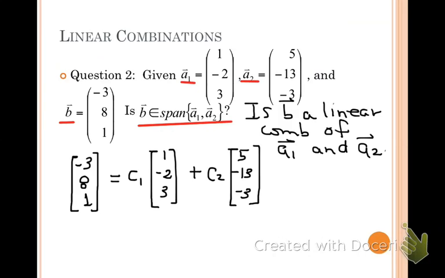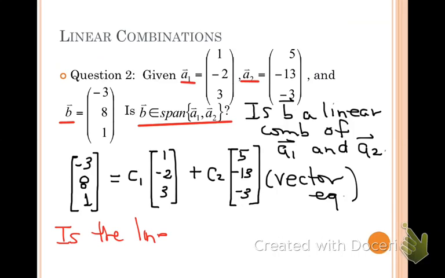So to write that as a vector equation, we write it in the following way. And then, of course, the goal is to determine whether or not the linear system is consistent. So is the linear system consistent?